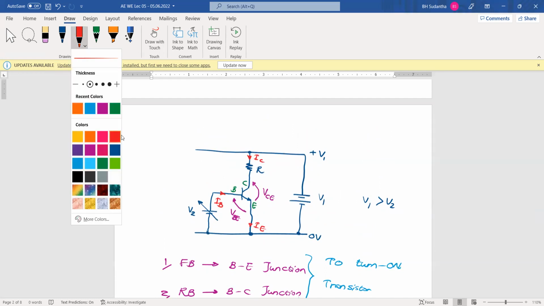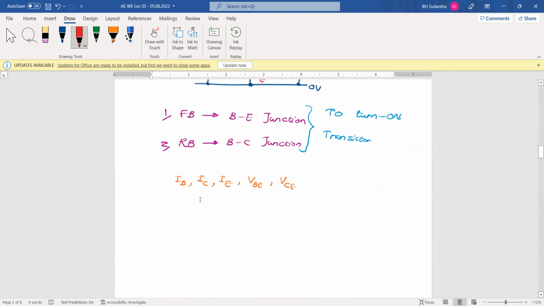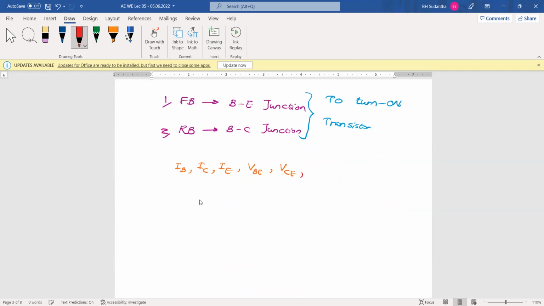The collector terminal is connected to this voltage, because of that we say this is VCC. But this one is the external voltage we are providing.